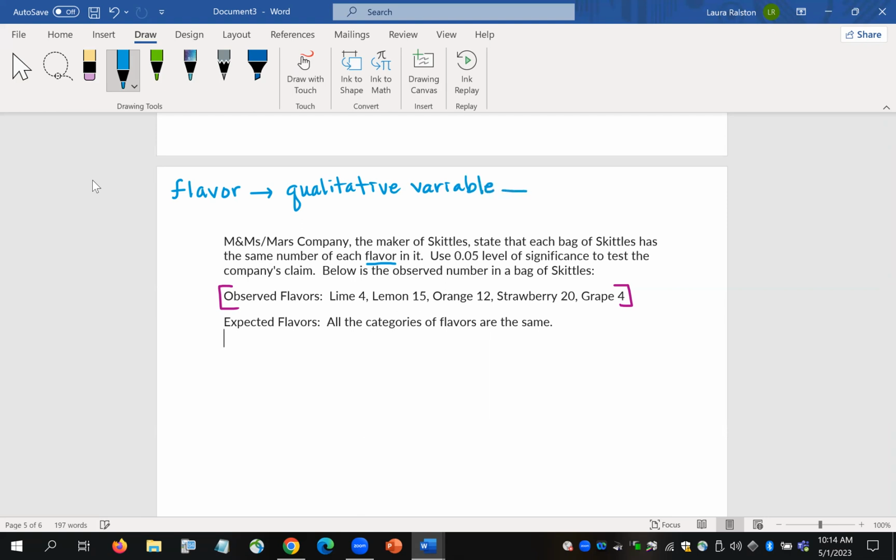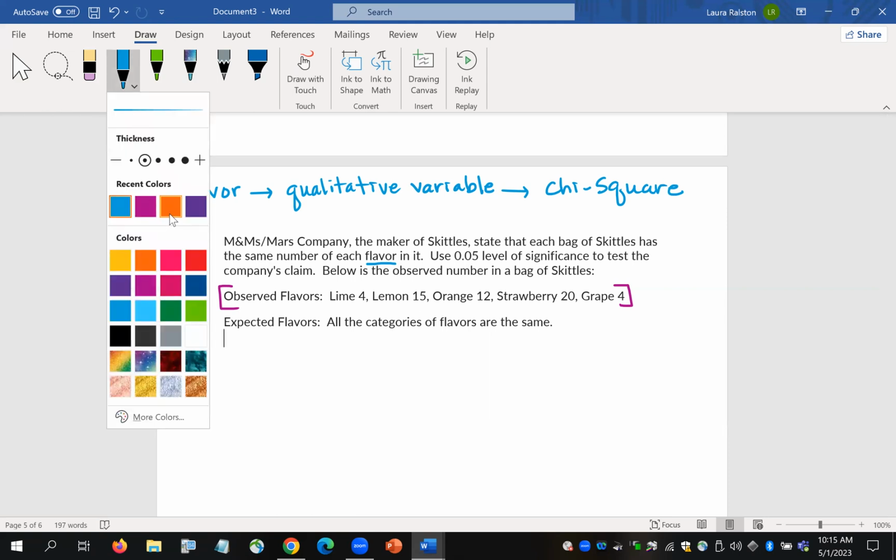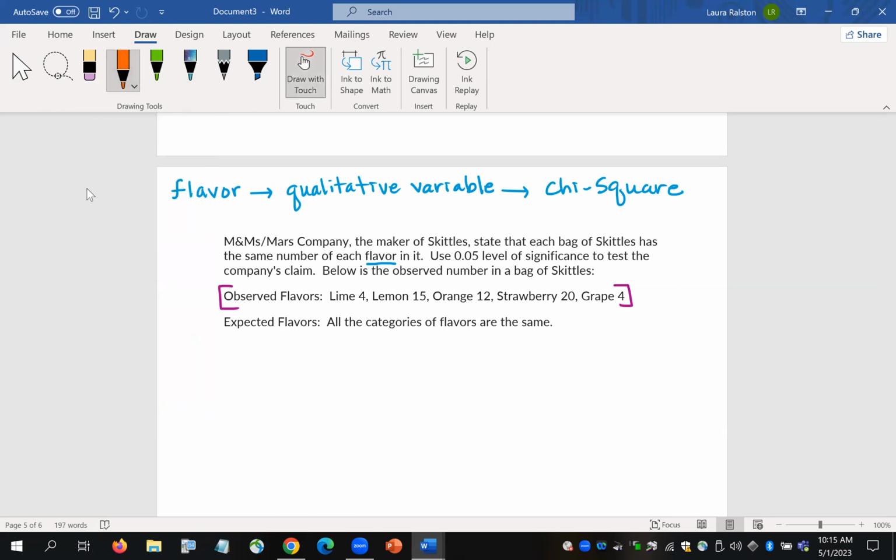And if I'm dealing with a qualitative variable, I most likely am going to do one of the chi-square tests. Again, I only have one variable. I'm only talking about the flavor. So it's one variable, and I only have one group or one sample. So again, that gets me to goodness of fit.